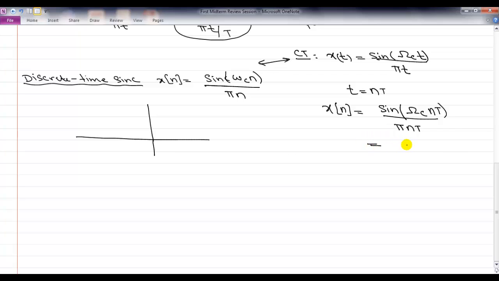And so I get sine of omega c T times n over pi n, and I get a factor of 1 over T. So this part is what you can think of as your discrete time sinc. If you plot it, its envelope is very similar to the continuous time envelope, and it has the same kind of expression, but now in discrete time.